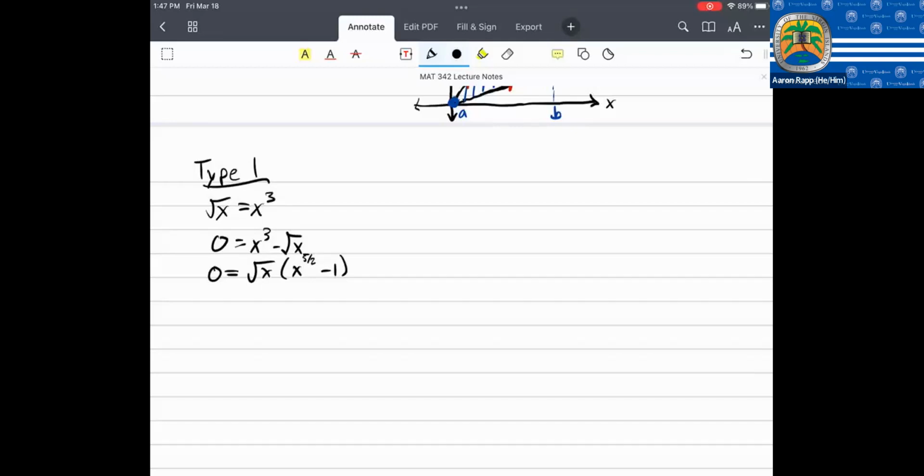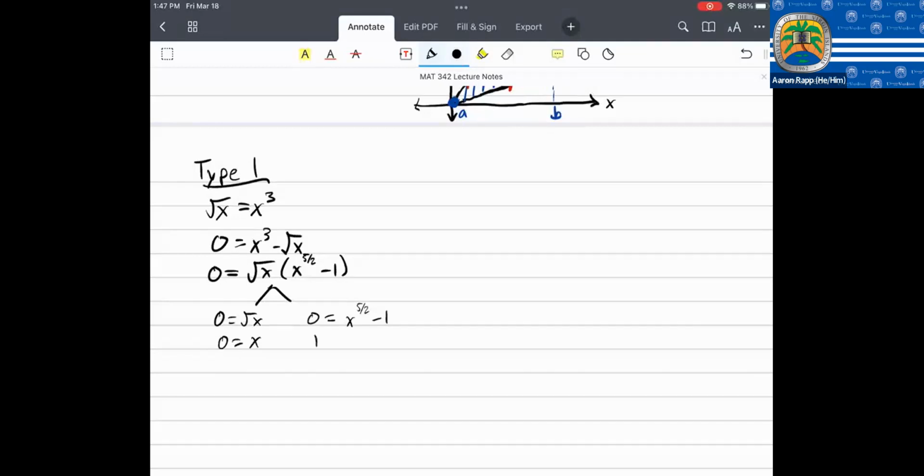And we know from algebra, this is only ever true when the square root of x is equal to 0 or x to the 5 halves minus 1 is equal to 0. Well, that first equation tells me x has got to be equal to 0, like we intuited.